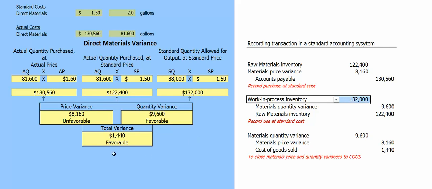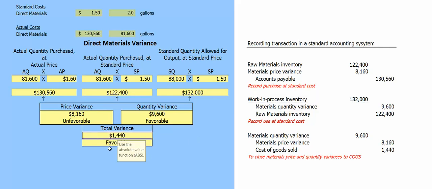So our work in process inventory was too high by $1,440. And of course, if work in process is too high by $1,440, finished goods will be too high by that amount, and cost of goods sold will be too high by that amount. So that's why we ultimately reduce cost of goods sold by the $1,440.